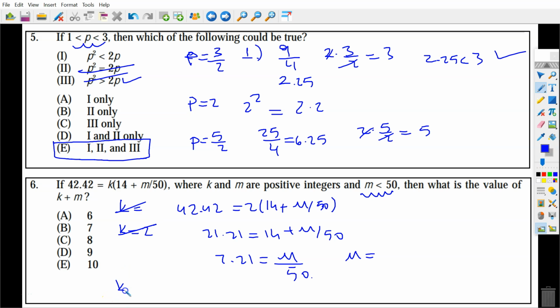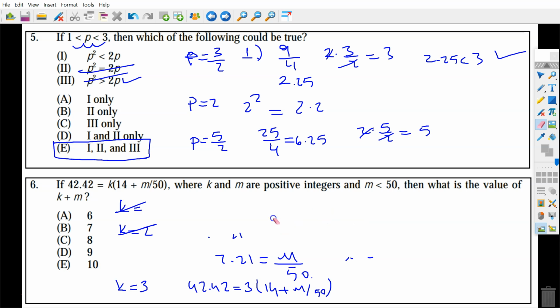All right, let's try k equals 3. So 42.42 equals 3 times 14 plus m divided by 50. If I distribute 3 into the parentheses, let's see what's going to happen. So 42.42 will be equal to 42 plus 3m divided by 50.